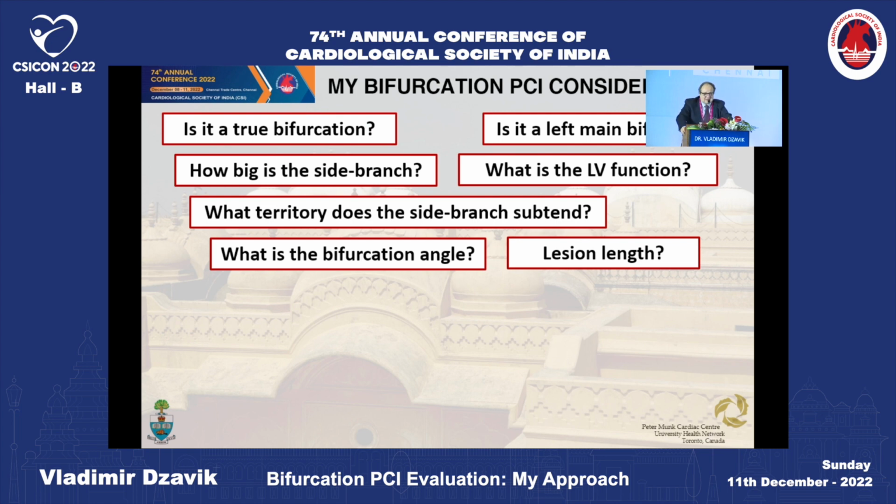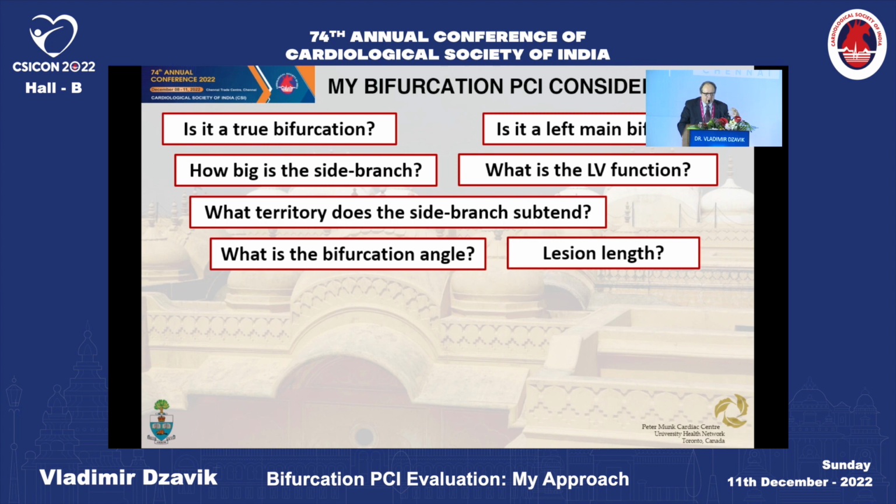I don't think that's necessarily always true, and there are many bifurcations with side branch lesion lengths less than 10 millimeters that are otherwise complex, in which case the patients will still benefit from an upfront two-stent technique. So it is definitely an important consideration.